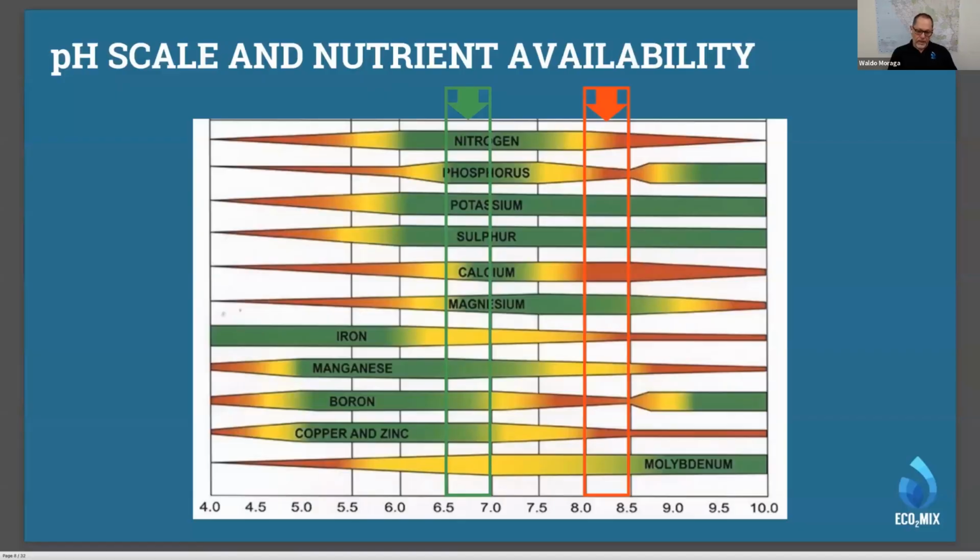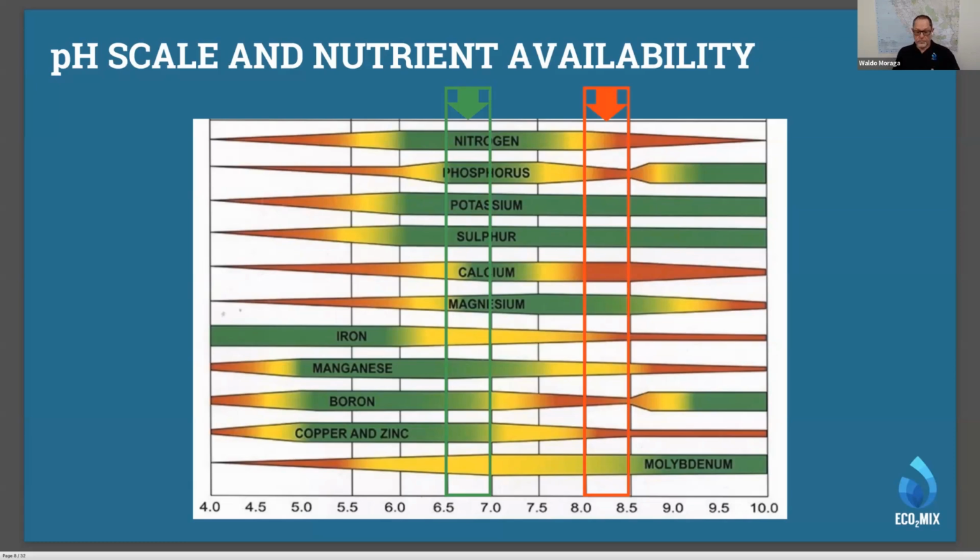So I'm going to try to explain a little bit about this. There's a mineral imbalance when we have high pH in the water. As you can see, phosphorus and magnesium are kind of okay, but all the micros are not available for the plant.